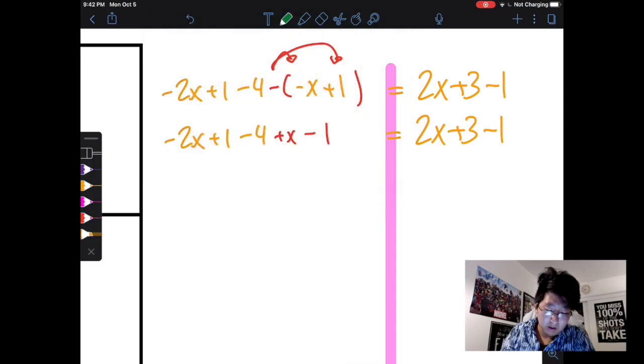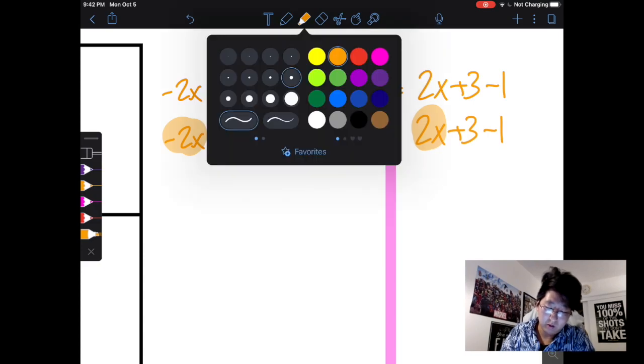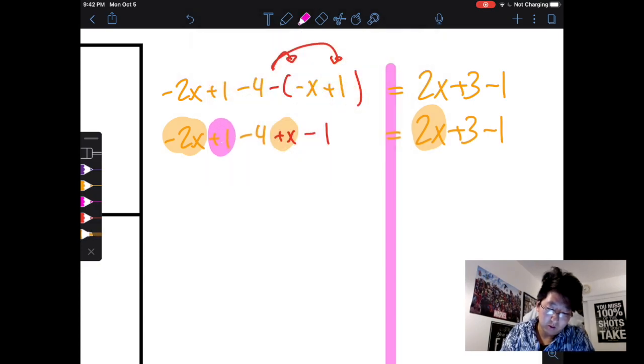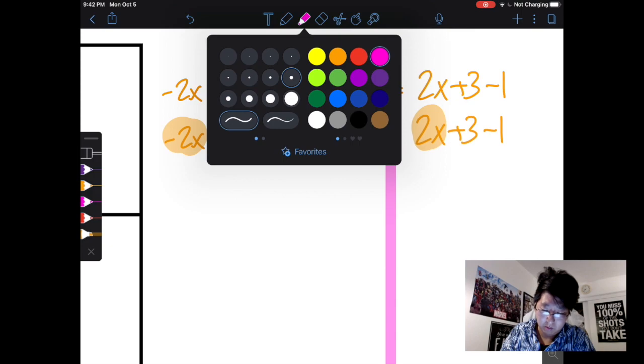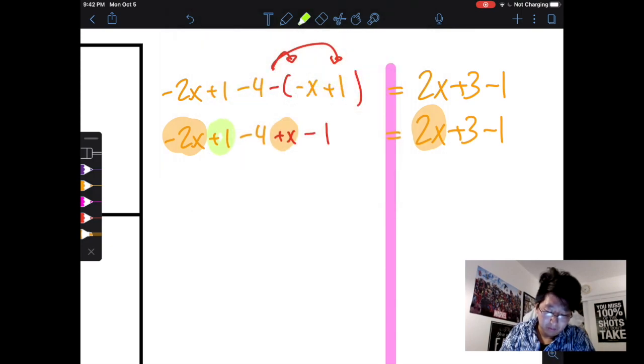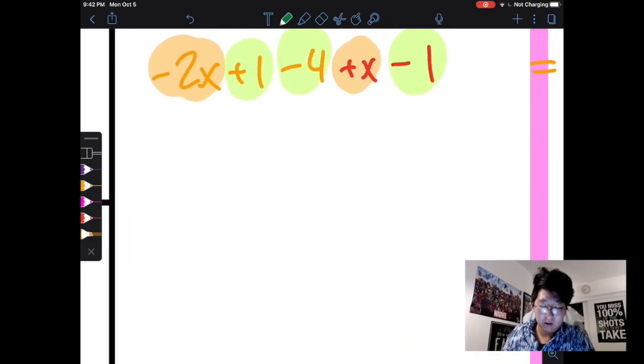Let's go ahead and combine like terms, highlight all the x's, all the units. Oh, that's a horrible color to highlight on top. There you go. You can see that. All right, so let's combine.